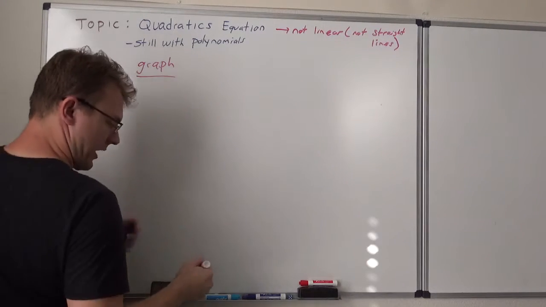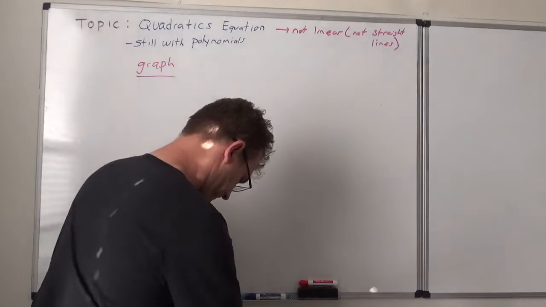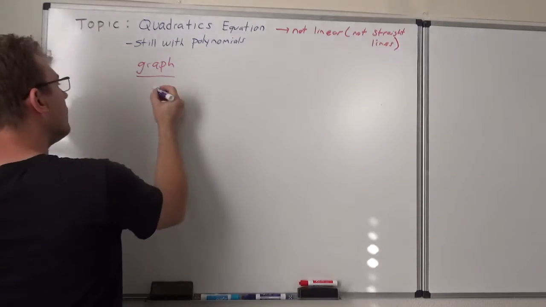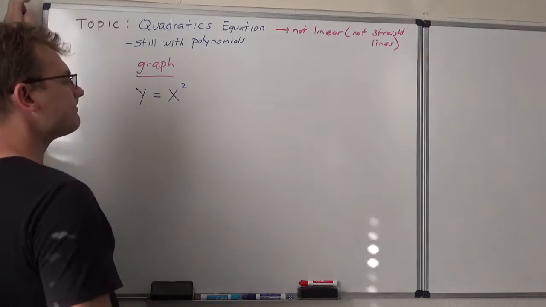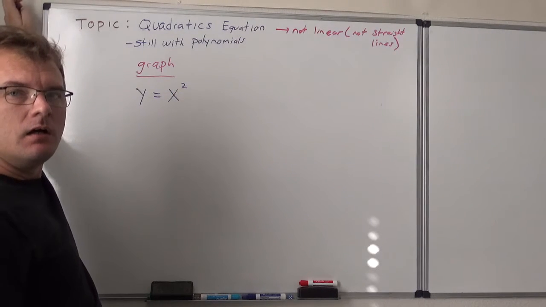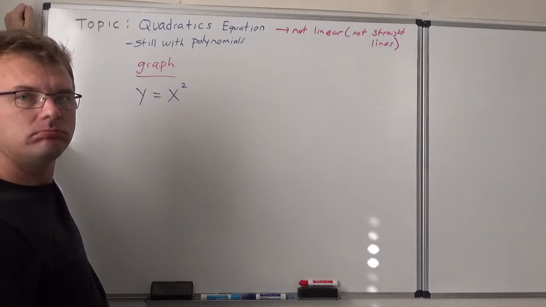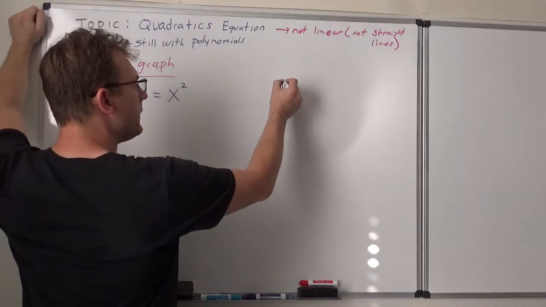So I want us to do a graph like this. y equals x squared. How would you graph this? Piece of graph paper.